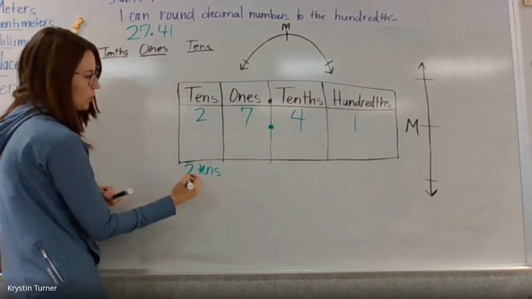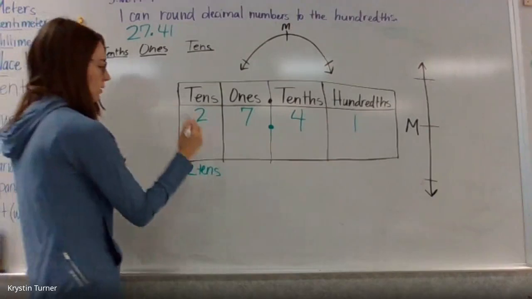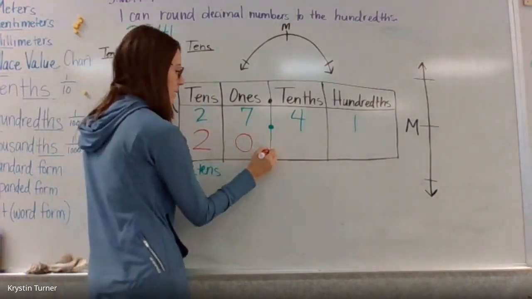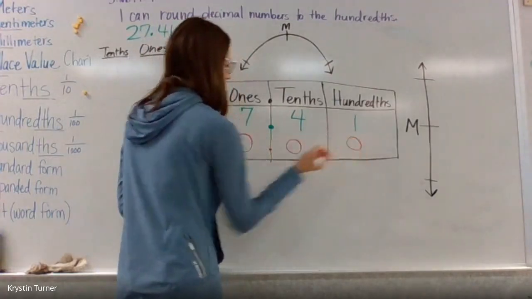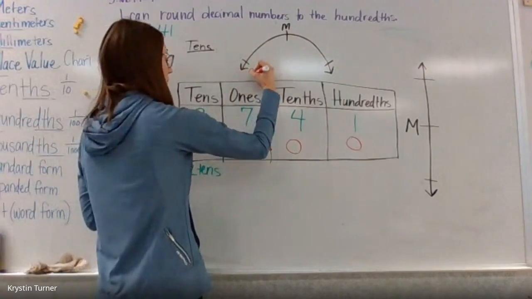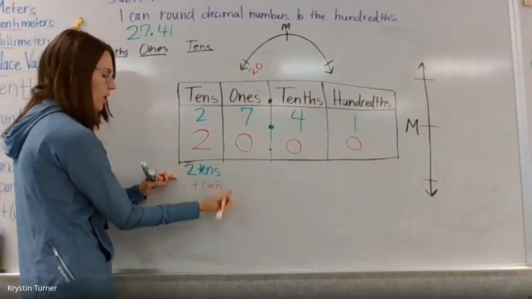So what we're going to do is think of this number with our, if we're going in the tens, here's the 2, everything else behind it becomes a 0. Okay, so the first baseline number that I'm going to use is 20. And then I'm going to add 1 ten to that 20.